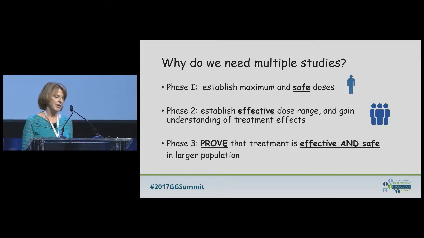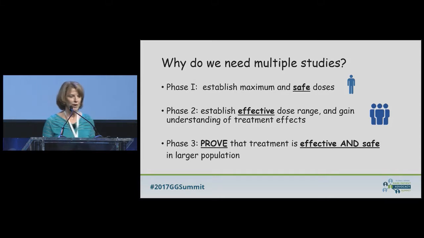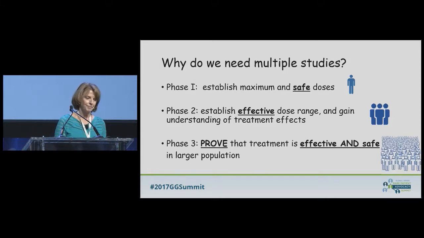And then phase 3 studies are your larger studies to prove that the drug is safe and effective, and can be anywhere from 50 to a few thousand patients. Now this definitely can be different in rare diseases, especially ones that are more rare. Not the case with some of the more common rare diseases like cystic fibrosis. These types of trials are still required for that.